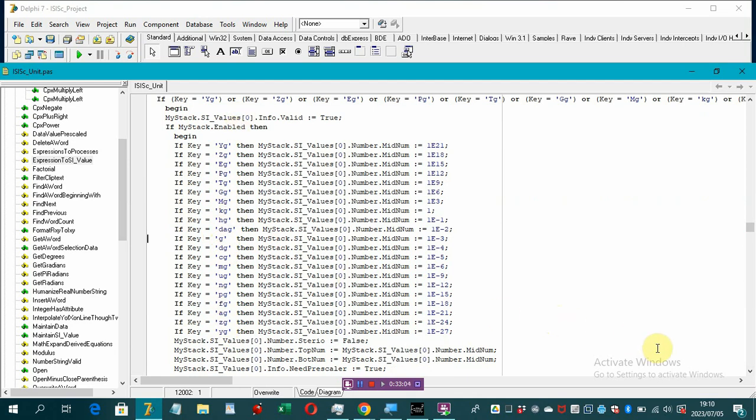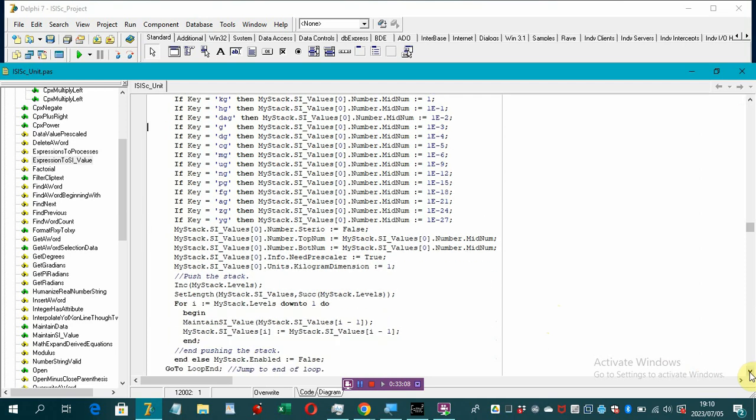And there is how you implement the unit. You will note that neat prescaler. You remember that neat prescaler of SE info, of SE value? So my stack.se values 0.info.neat prescaler equals true. You see that true? Because it's a unit.